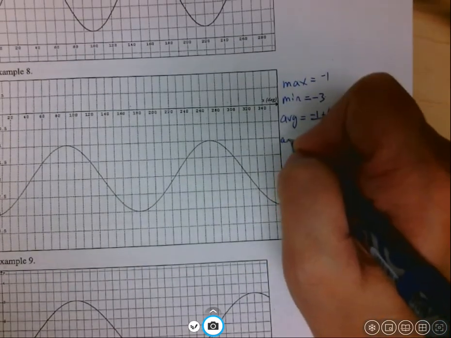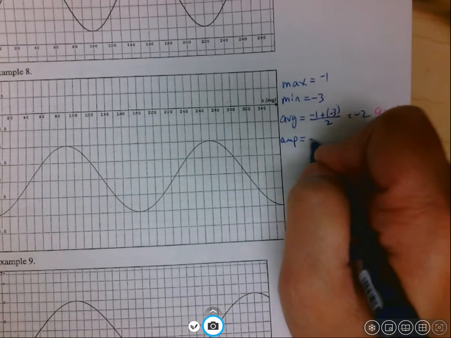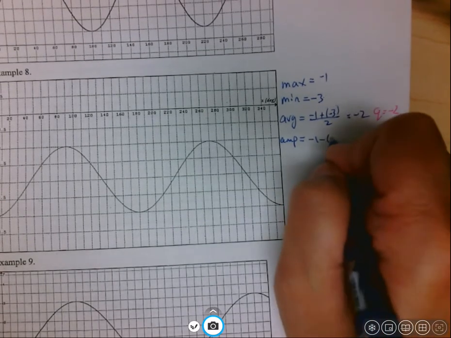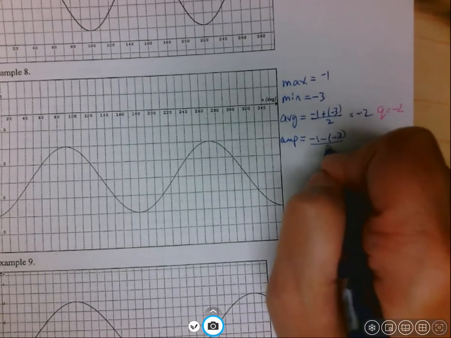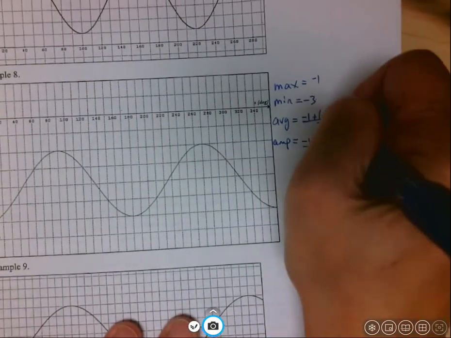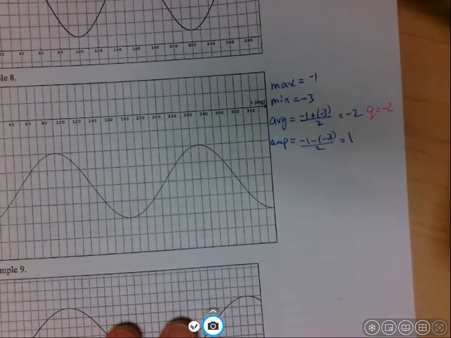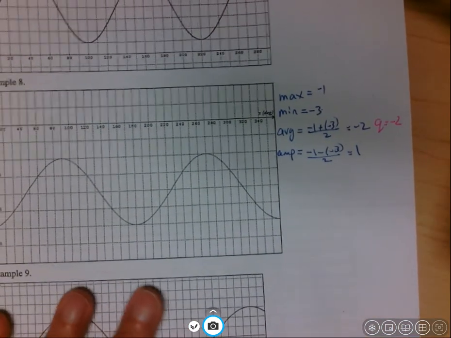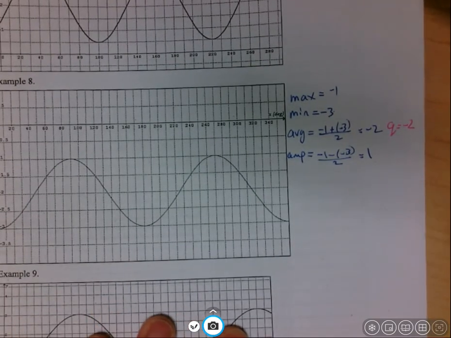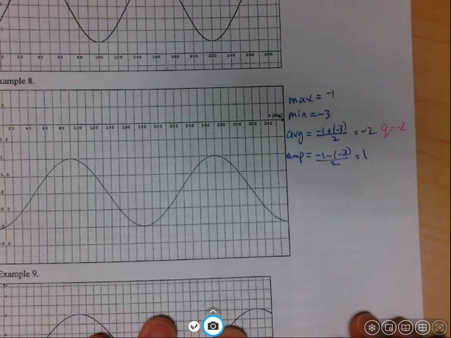But if you want to use a formula just to be sure, it's the max minus the min divided by 2. That's going to be positive 2 divided by 2, which is 1. So I know that my a is going to have a 1 in it. We still don't know if it's 1 or negative 1, so we'll do that in a moment.